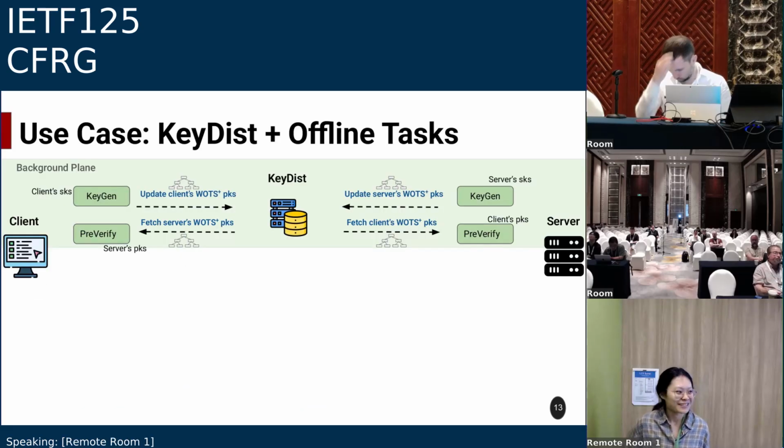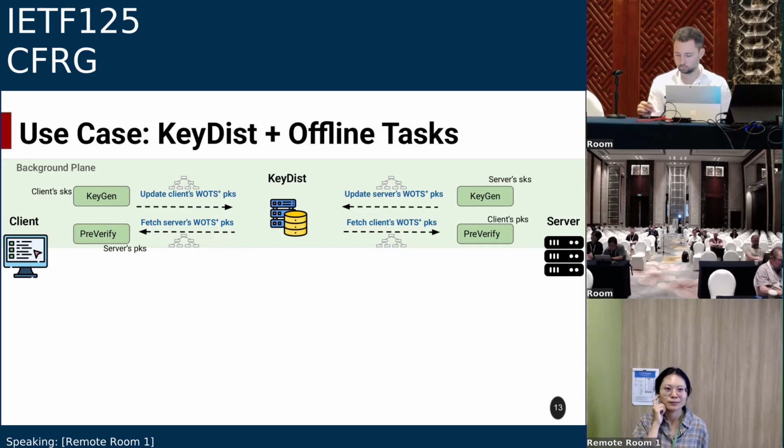Now let's take a look at how LUMA fits into the TLS 1.3 process. We split the work into two planes. The background plane handles the offline tasks asynchronously. For this background plane, we introduce the KDist service for pre-distributing keys.